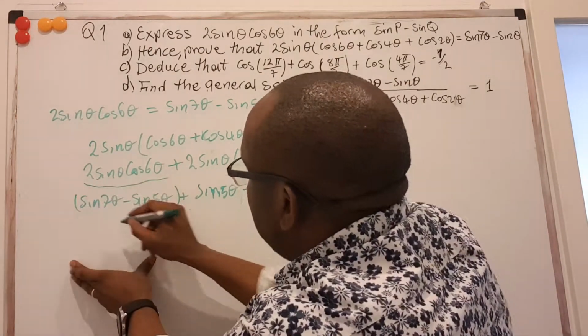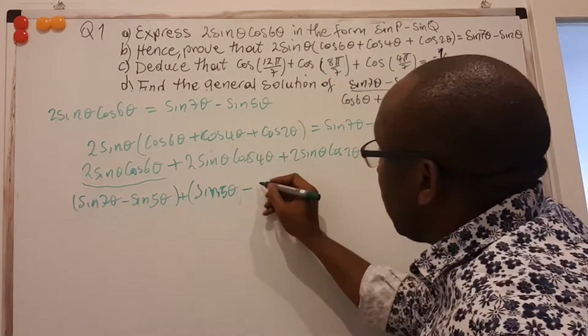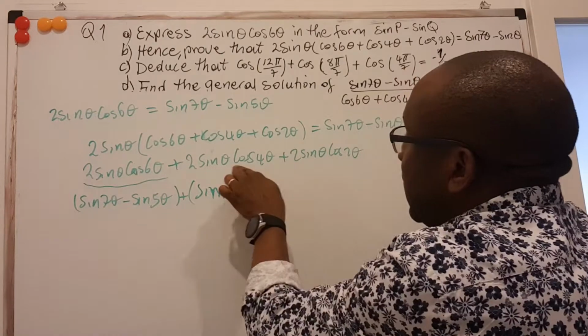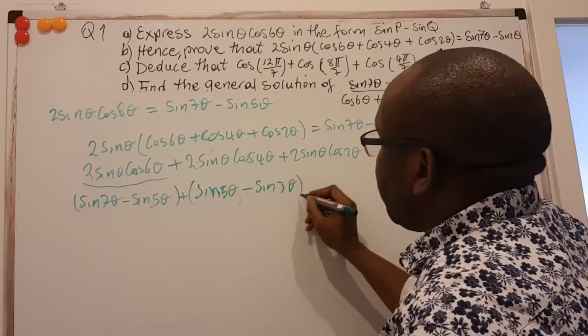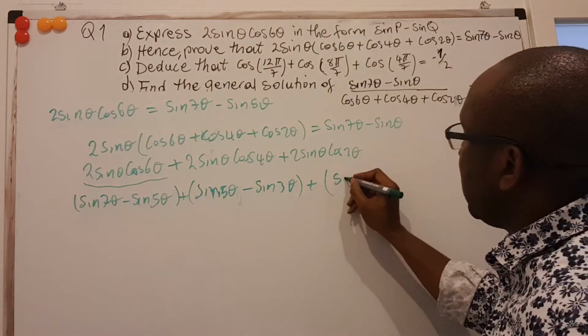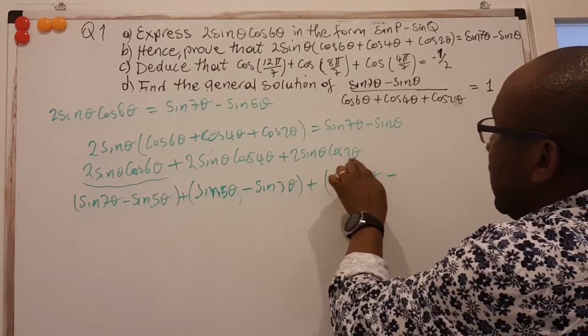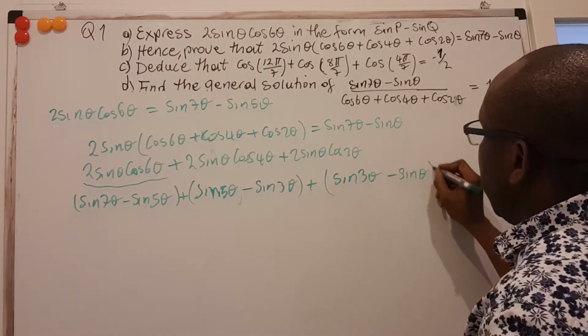Let's keep it like this. Then the rule says minus the smaller one, so 4 theta minus theta, that's 3 theta. Plus into brackets, we get this last piece here. This is sine, this plus that, that's 3 theta, minus the difference, sine theta.